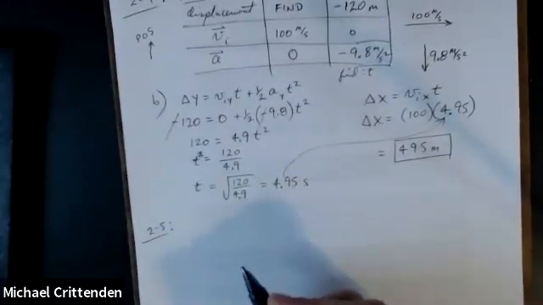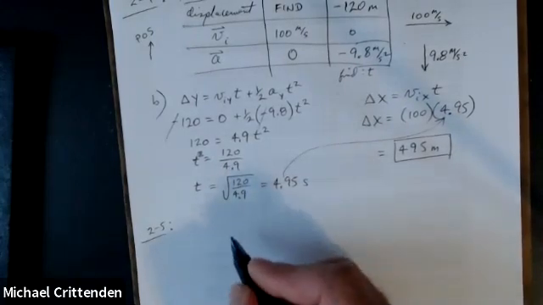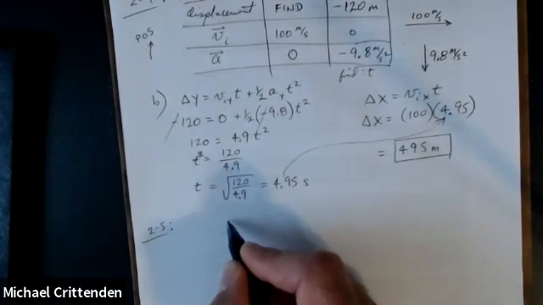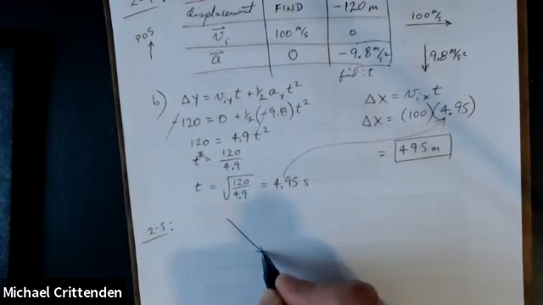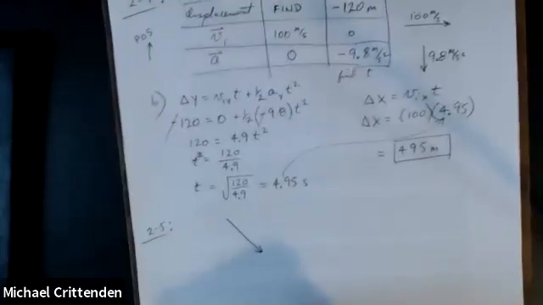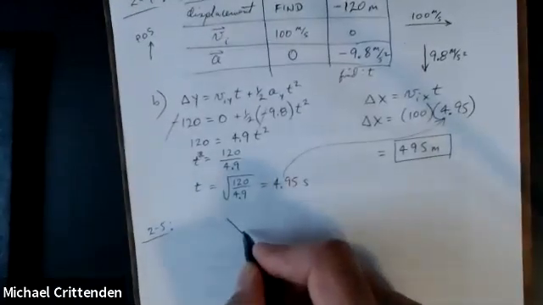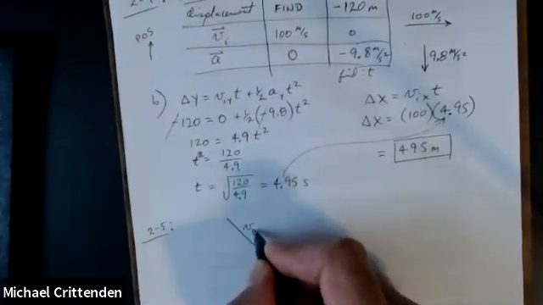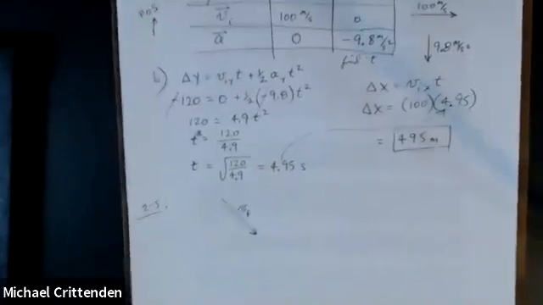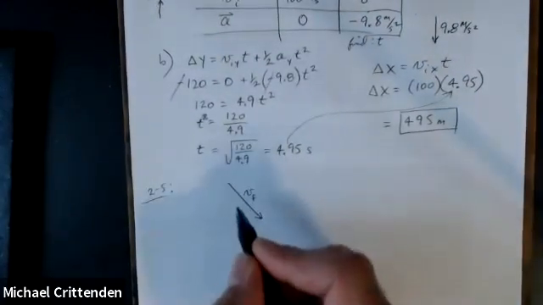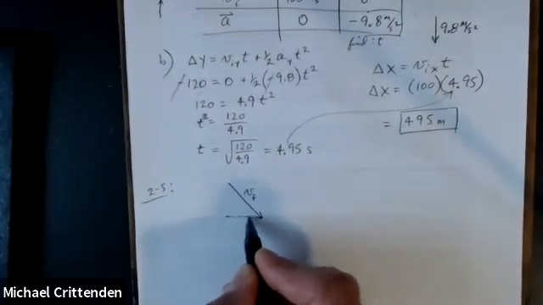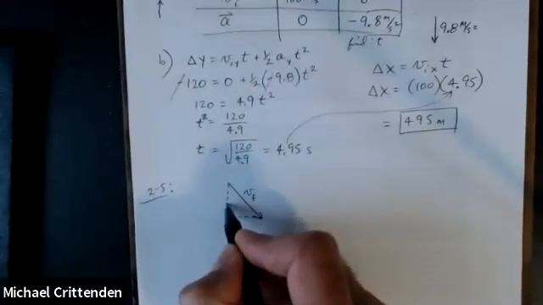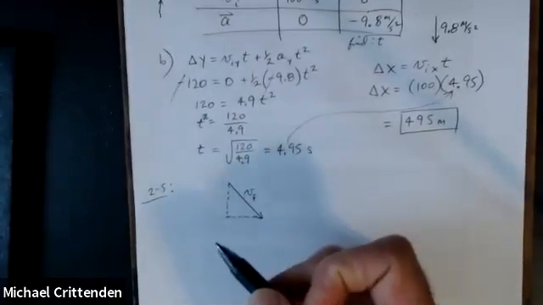So as the cannonball reaches the water, it's going to be traveling in a direction, something sort of like that maybe. V final velocity. And that final velocity, like any self-respecting vector, has both x and y components.